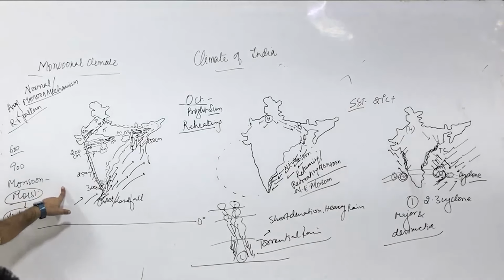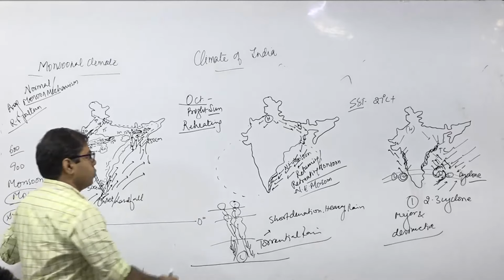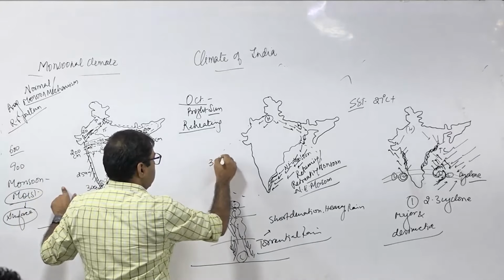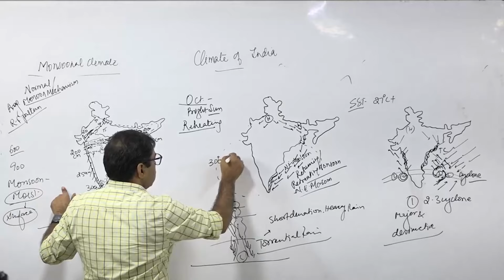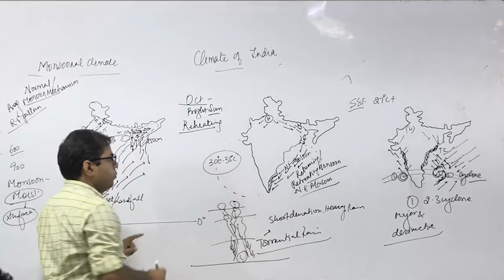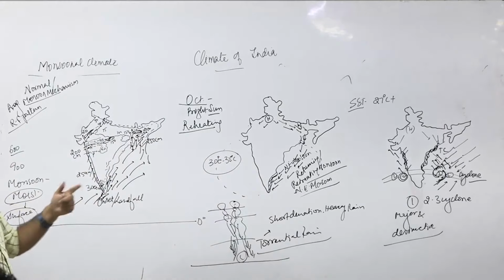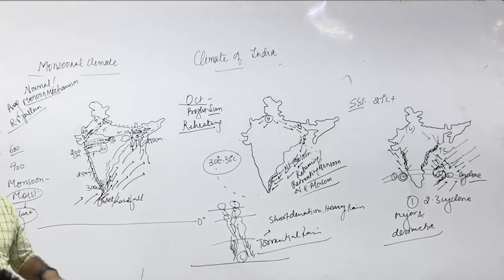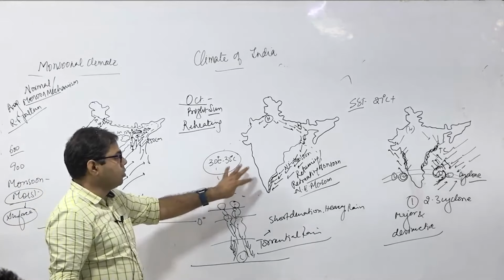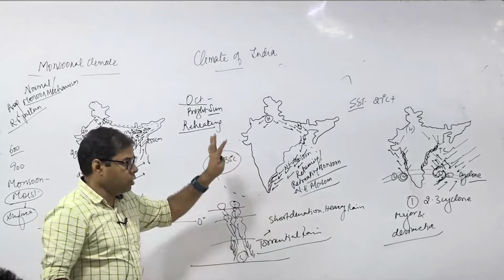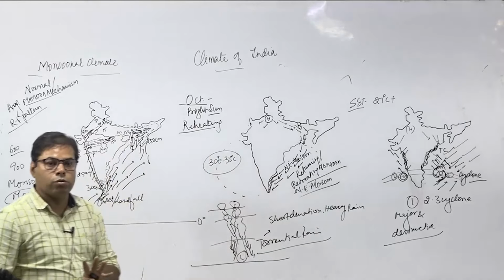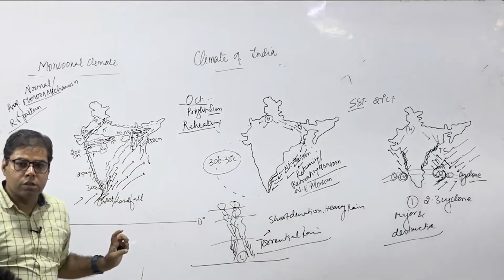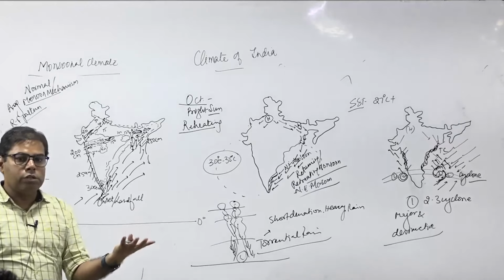The sea surface temperature was 30 to 32 degrees Celsius in the summer season, which is abnormally high. Otherwise, during the summer season, that amount of heating does not take place in the oceans, especially in the Arabian Sea. So the temperature abnormally increased.